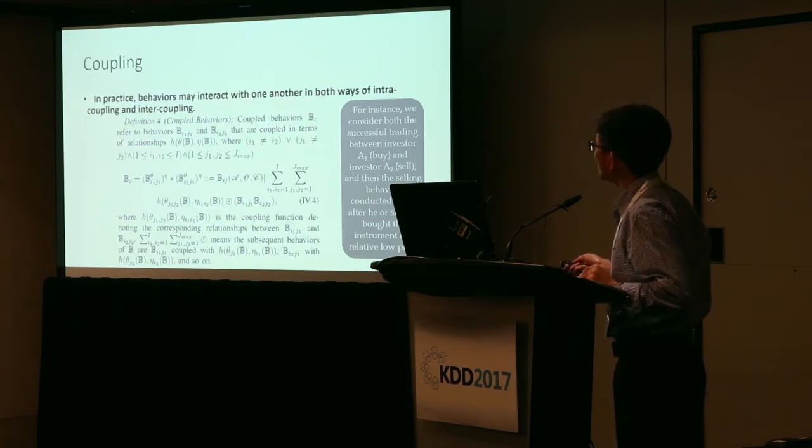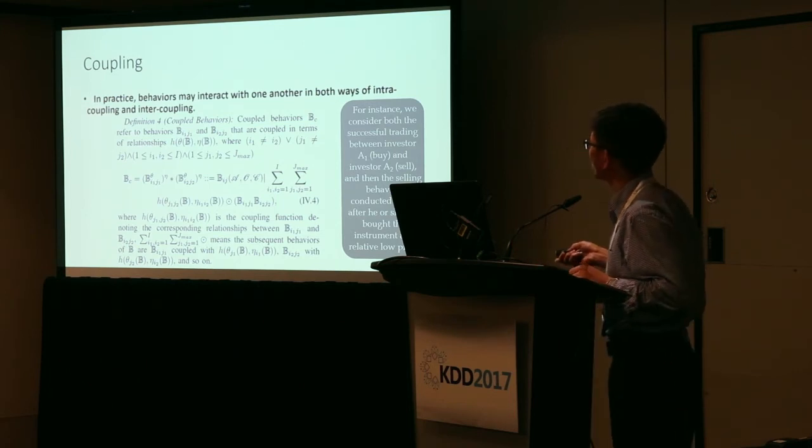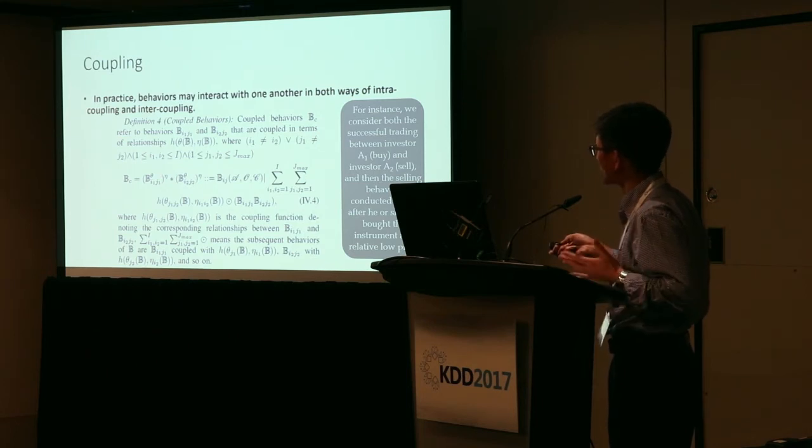So the problem we have to address is that for global behavior, we have to consider what is within each person's behavior, where the relationship we have to find is the theta, and then between two people at the same moment there's an eta function to describe the relation. This is theta for one person, and eta for different people at the same time, and then how they group together. We have to learn this function.